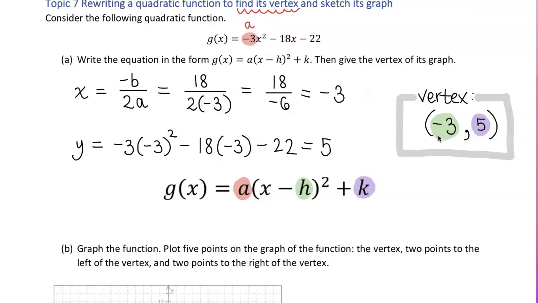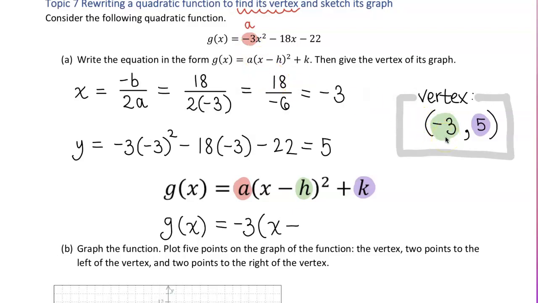You ready? So here's the final answer. G of x equals, immediately after the equal sign, we need to place the a value. What's the a value? Negative 3. So you're going to write negative 3, parenthesis, x minus. Now, think about this. I was about to write x minus negative 3.